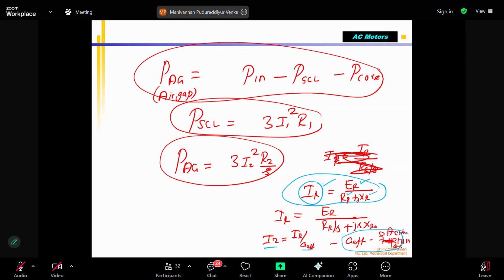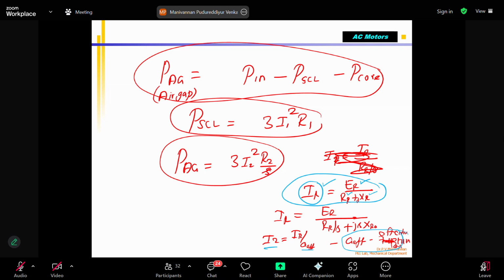All the losses, like rotor copper loss, windage loss, all those things are given as 1100 watts. If it is not given, then you need to compute each and every parameter. So in that case, I would have given ER, I would have given RR, XR is already there. Then you can find out IR, and in the problem, the effective turns ratio A effective is given some value.